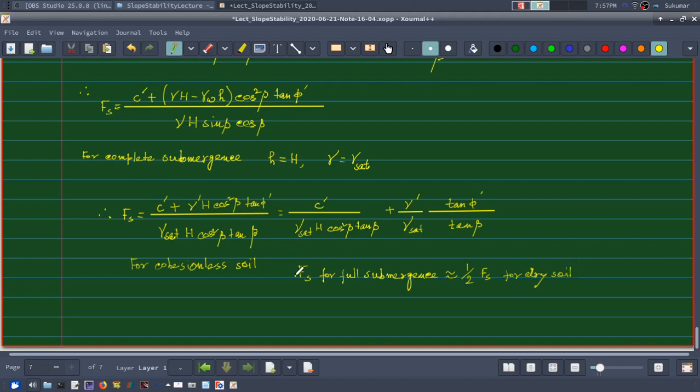Okay, so this is another conclusion we have made. What happens in case of full submergence? This is our conclusion, and the value of Fs becomes this.